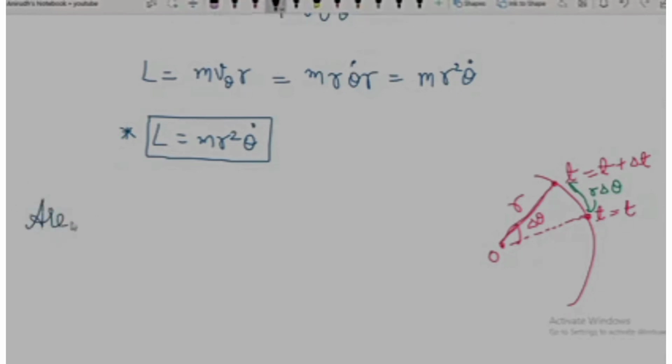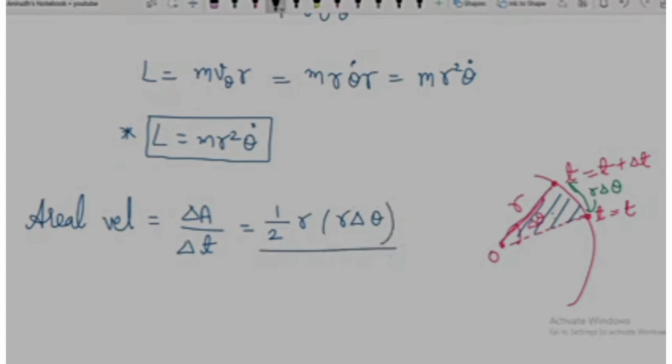So the areal velocity in this case will be equal to delta A by delta t. What is delta A? Delta A is the area swept in this time. The area of this triangle will be half r into r delta theta.